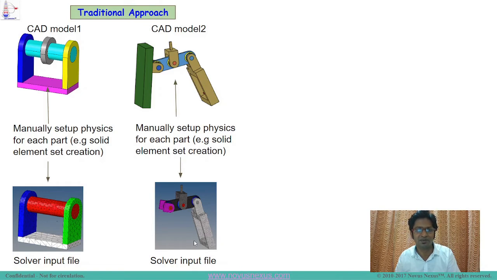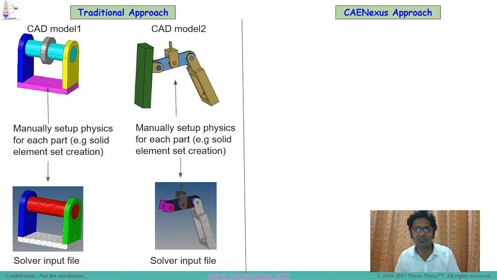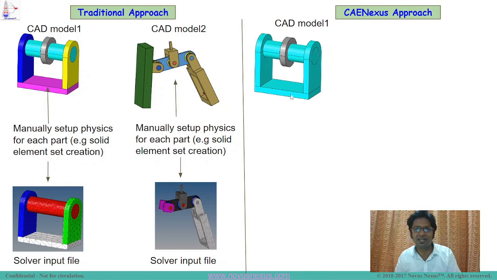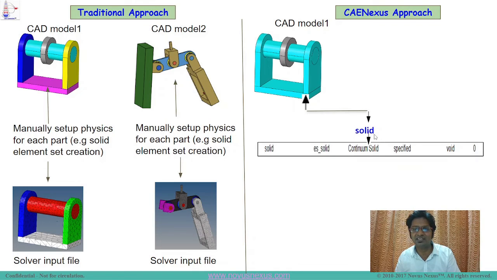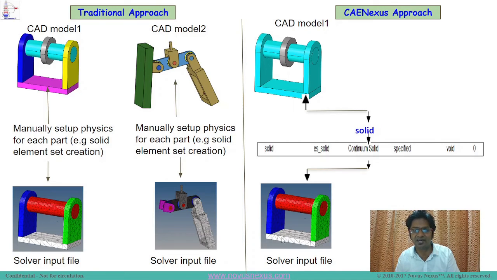But in the CAENexus approach, when I'm dealing with my CAD model 1, I'll set up the physics onto an abstract class in my abstract model file, and I'll just make sure that this class is present in my CAD model, and that will give me the intended element set related physics.